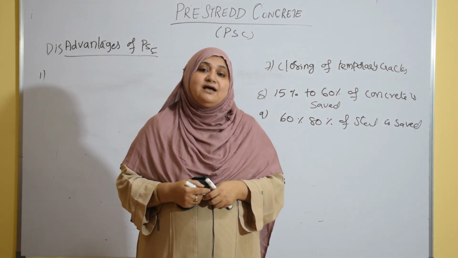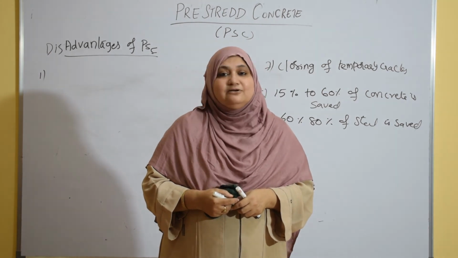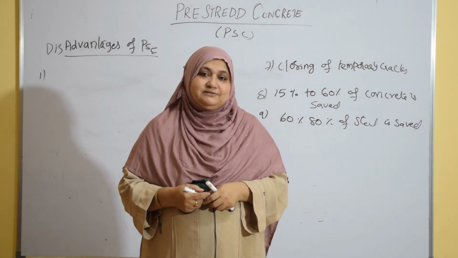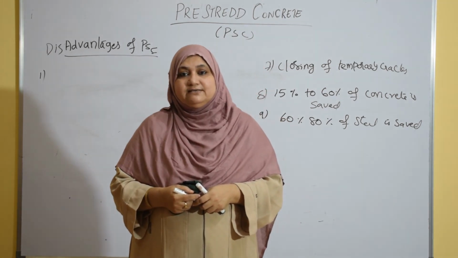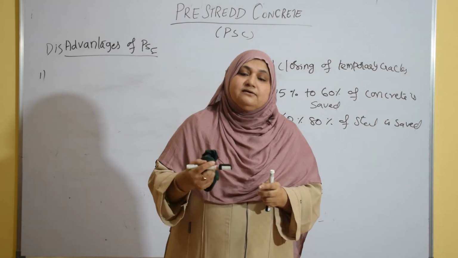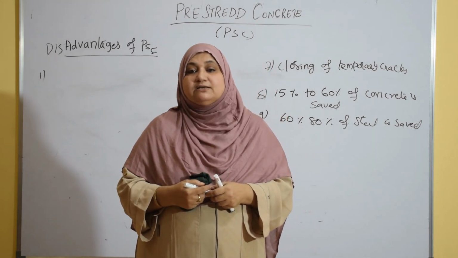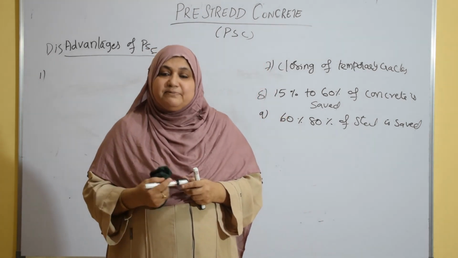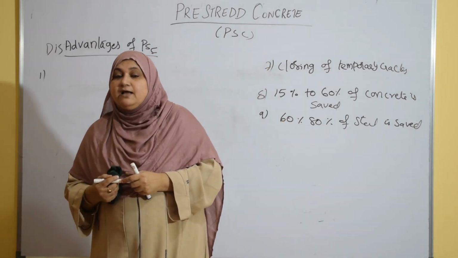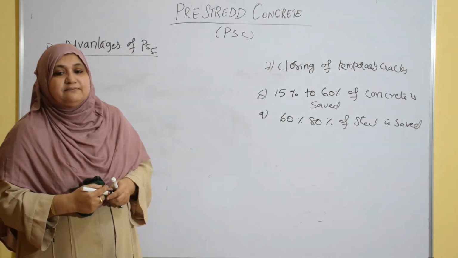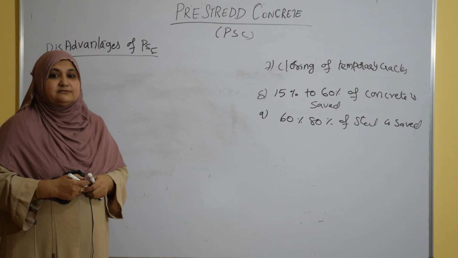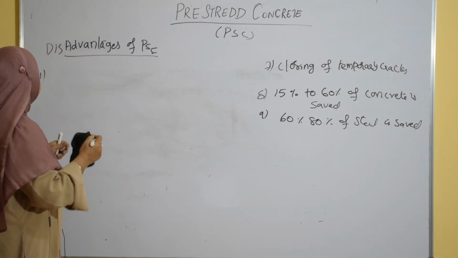Also, we are using anchorages that incur cost, and other hardware required for the production of PSC members. Material we are saving, but when you talk about the economy, we are not saving much, because money is spent on the purchase of high strength steel, high strength concrete, anchorages, and some other setups for the production of pre-stressed members.